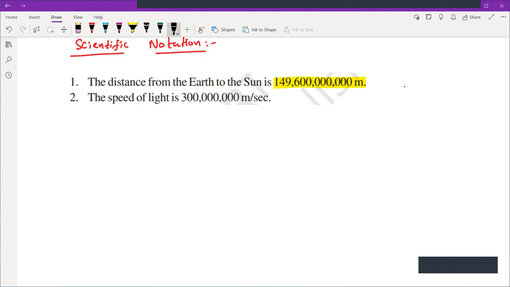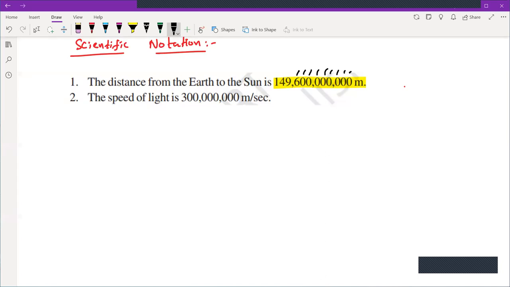In the international system, we use 3 digits as a group. So let's see this. This is ones, tens, hundreds, thousands, 10,000s, 100,000s, 1 million, 10 million, 100 million.